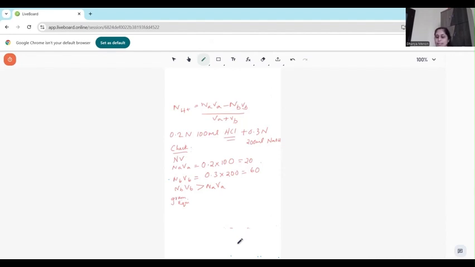So now, if it is basic, how do you find out the normality of OH minus ions? You already know how to find it.